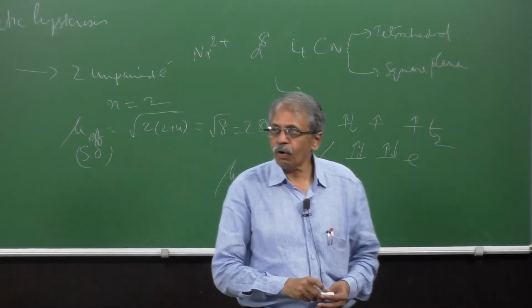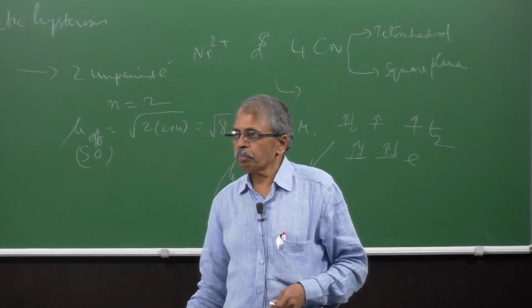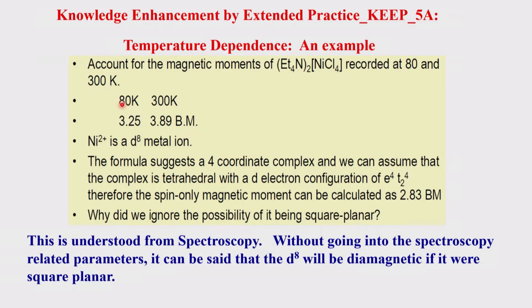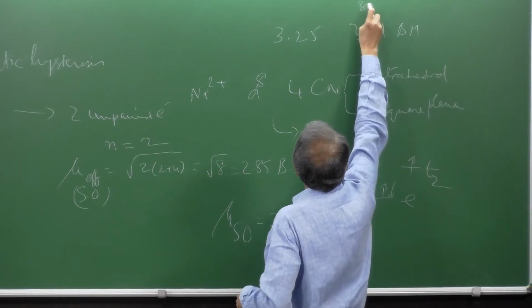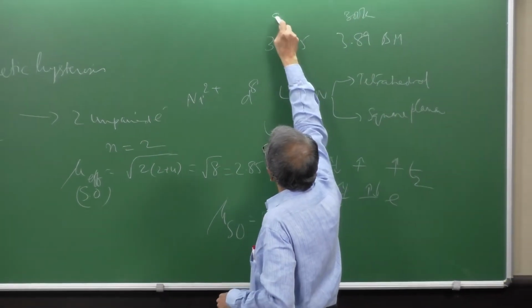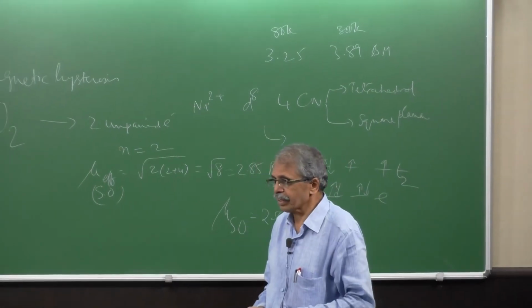So, what is found here is 3.25 at 80 K and 3.89 Bohr magneton at 300 K. The 80 K is basically the liquid nitrogen kind of temperature.